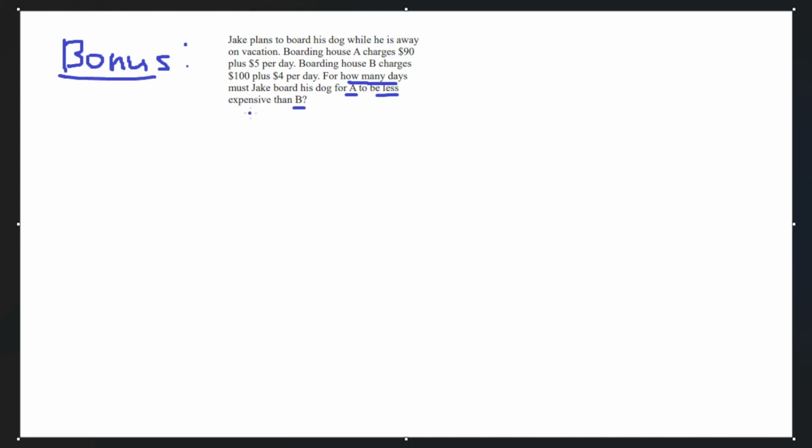Okay, so we need to write an inequality, and the inequality that would be most appropriate would be 90 plus 5 times x, where I'll note x is the amount of days that go by.